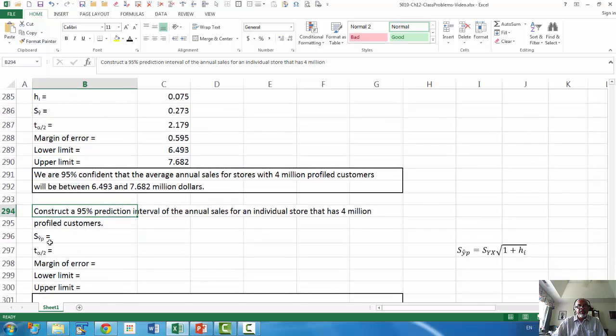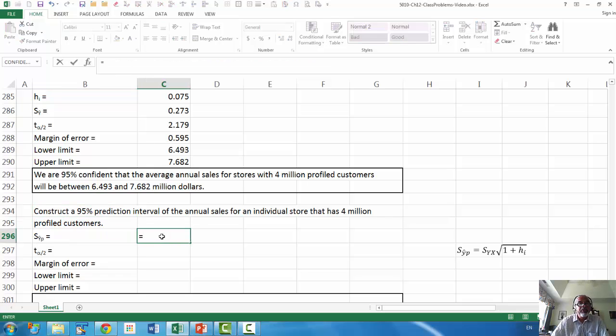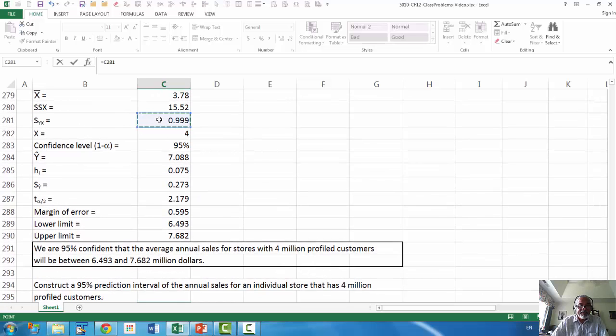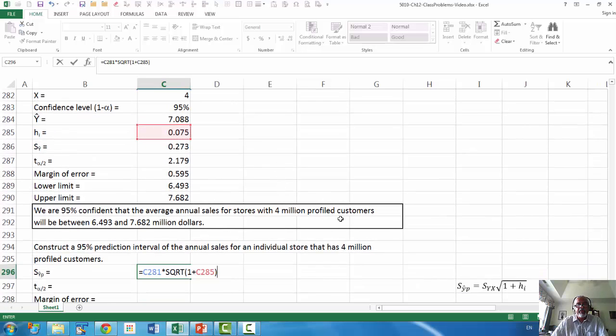Then the s sub y hat is going to be slightly different. Instead of the square root of h sub I, you'll have the square root of 1 plus h sub I. So here s sub y hat sub p, the prediction value, is s sub y given x times the square root of 1 plus the h sub I that we have computed already.